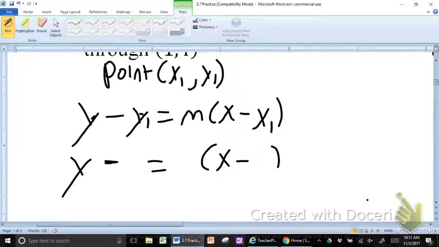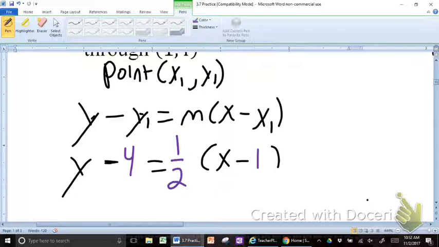X goes with x, so we're going to minus x1. So x minus 1, and y minus y1, y minus 4. We just use the m that we're given, 1 over 2. And that's it. That is the equation of a line. I would be able to graph that equation. So I can finish there with that problem.